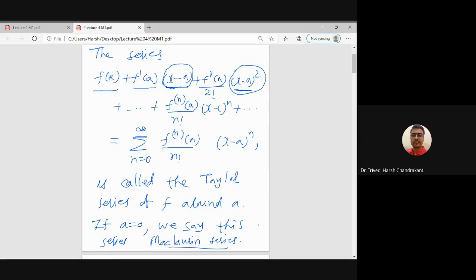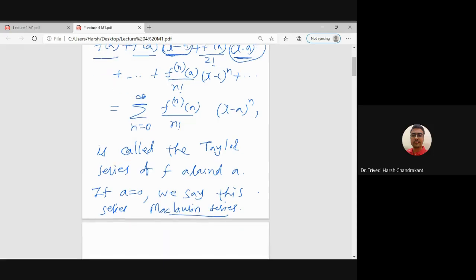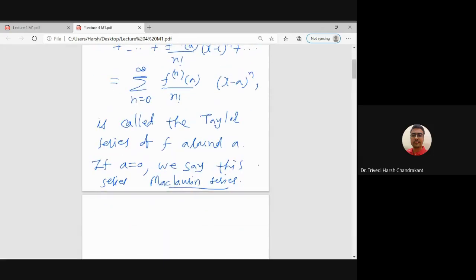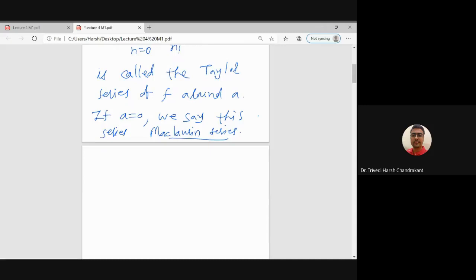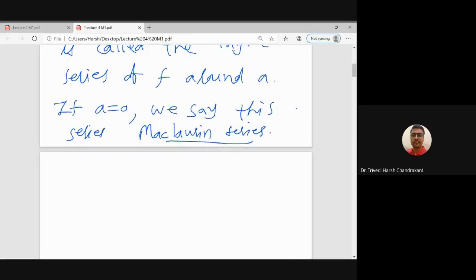So if we want to expand in powers of x minus 1, then a equal to 1 and the series is the Taylor series. So today we will see an example of the Maclaurin series.